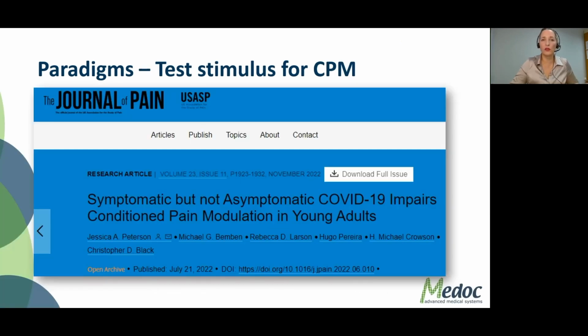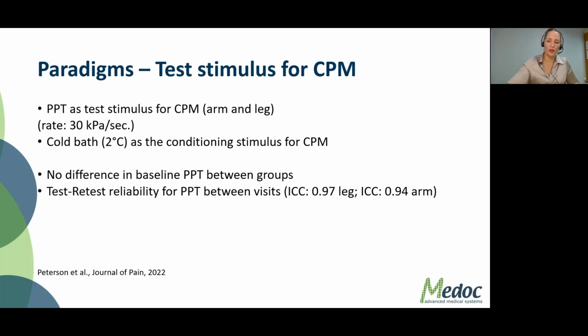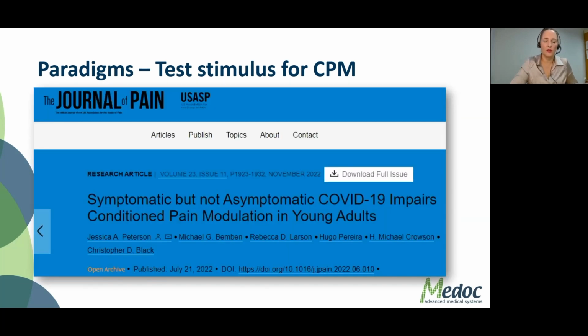So just to give you an example of pressure pain threshold used as a test stimulus for CPM, this study was performed during the COVID epidemic and, excuse me, before vaccinations were widely introduced.